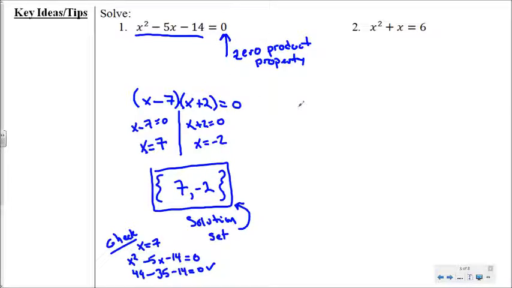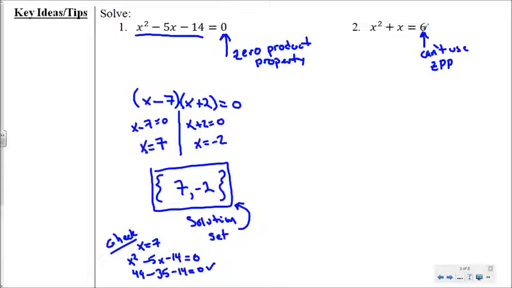Okay, let's look at another example. x squared plus x equals 6. Well, here I have a problem because it's not equal to 0. So I can't use the zero product property, which I'm going to abbreviate ZPP, on 6.